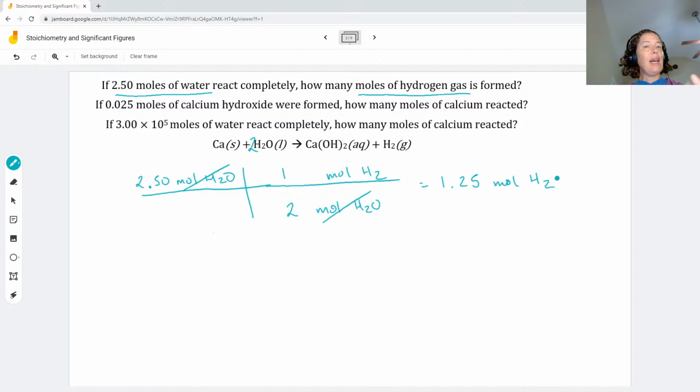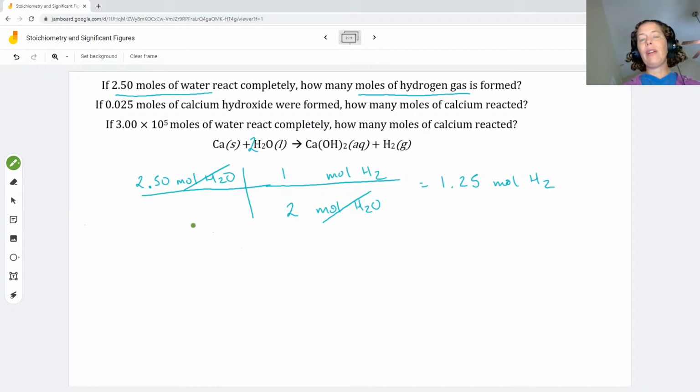Okay, let's do sig figs, just like I said we would do. So we're doing multiplication and division here, so we're going to find our number with the fewest number of sig figs, and that's going to tell us how many sig figs our answer should have. So I'm going to switch to a different color here.